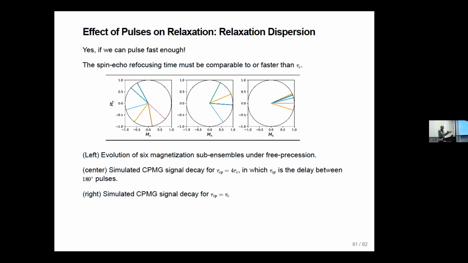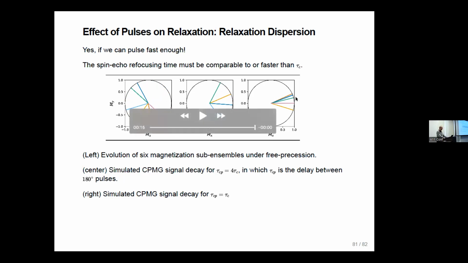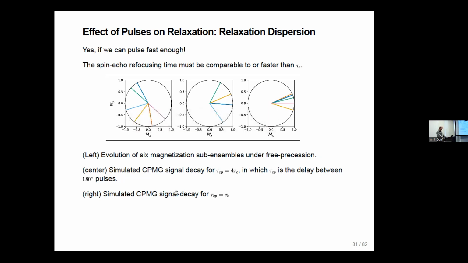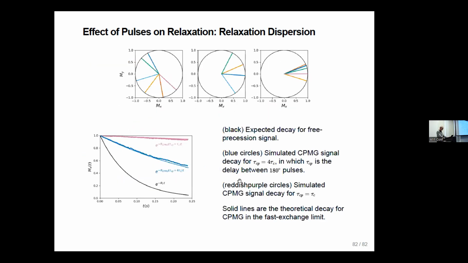In the fast repetition rate, the spins never accumulate much phase angle, so they can't ever get too dephased from each other. And you can see if I take the sum here, I'm going to have substantial signal along the x-axis, whereas in the middle, I'm not going to have so much projection onto the x-axis. And here I get a lot of dephasing, just like before.